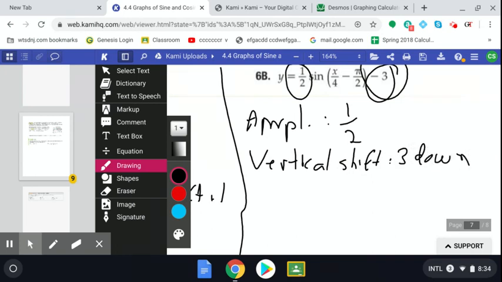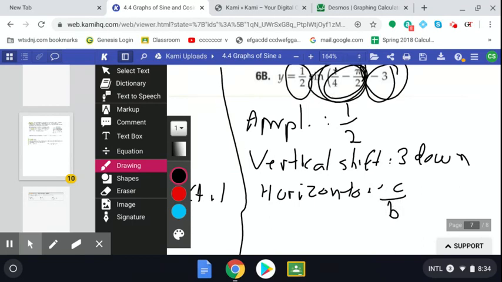And then we have horizontal shift. There are 2 ways to do this. You can do minus c over b, or you can just set this whole thing here equal to 0. So if you do 1 over 4 x minus pi over 2 equals 0, then you should be able to solve that.